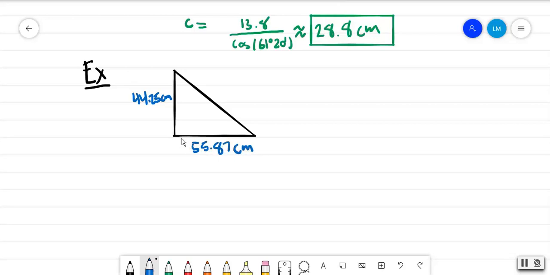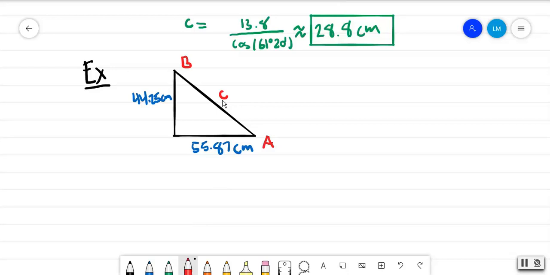Now, in this case, one thing that we can do is mark the angles. So this is going to be A and this is going to be B. The thing that we don't know in this case is the hypotenuse.